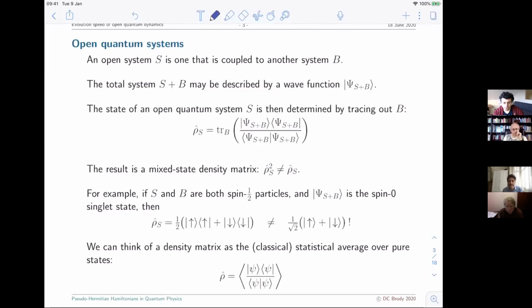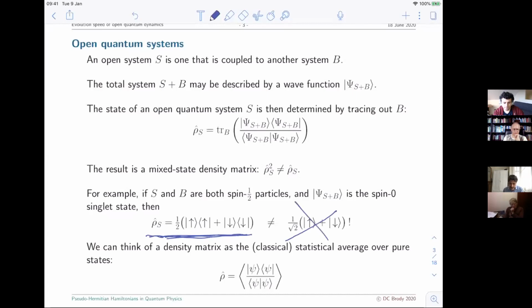And therefore, if the spin measurement of B is up or down, so let's say B is down, then the system is up. If it's up, then the system is down. Okay, so you get this mixed state density matrix given in this form. Now, just as a side remark, this is not to be confused with a coherent superposition of up and down, which one can experimentally distinguish. So we have a mixed state and not a pure state.